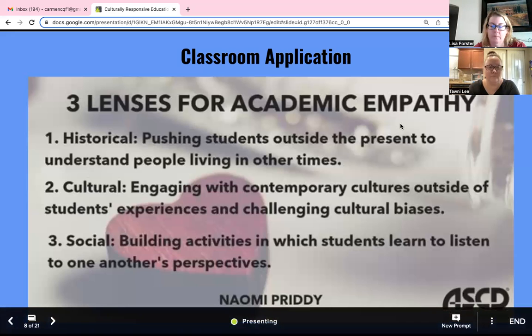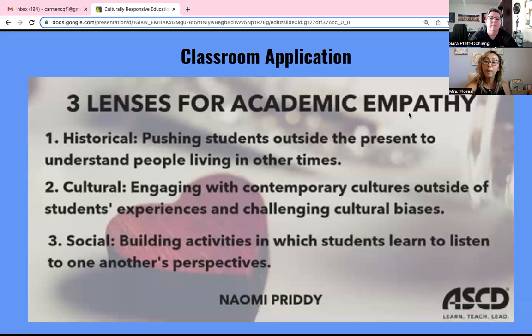Cultural, making sure that we're engaging with contemporary culture outside of the students' experiences and challenging their own cultural biases. It is important for us to understand that just like us, our students also come with their own biases that have been integrated into them because of their background, their family, their life experiences.